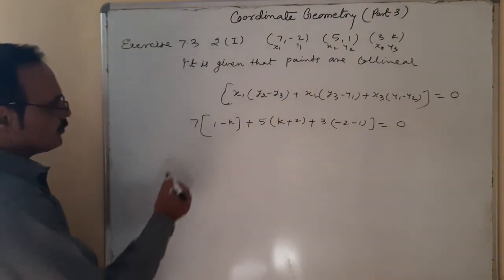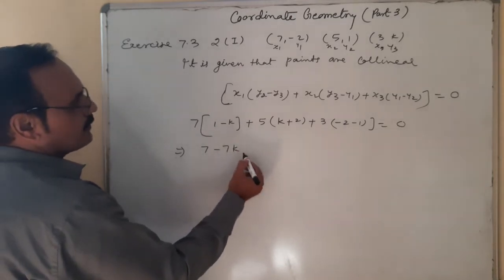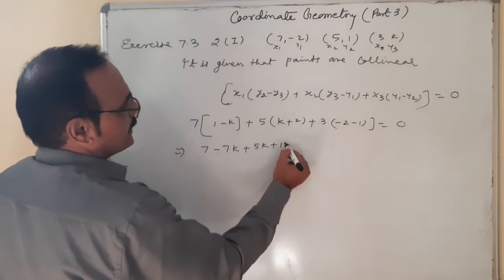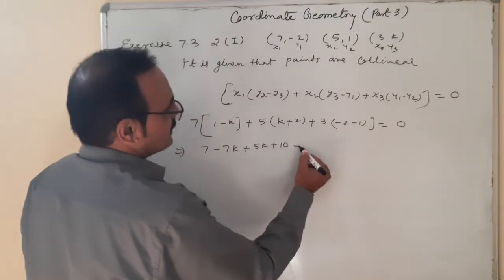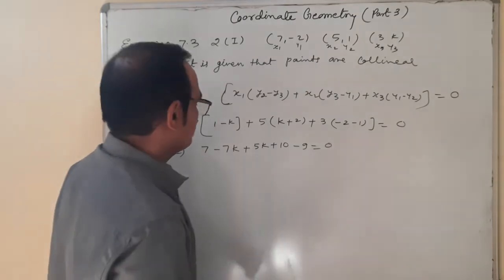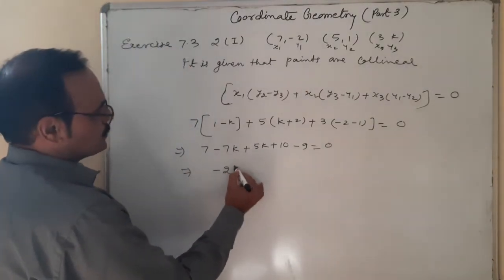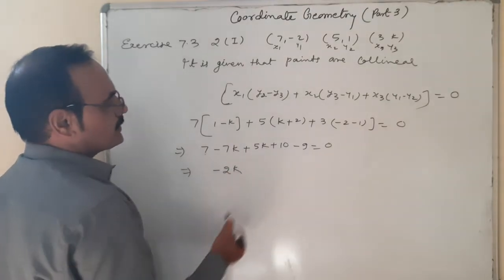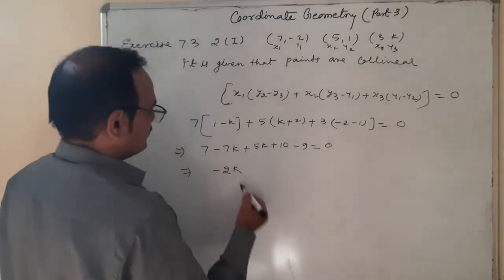We'll have to open the bracket. 7 minus 7k plus 5k plus 5 2s are 10, minus 2 minus 1 is minus 3, multiplied by 3 it is minus 9, is equal to 0. Like terms will be added. Minus 7k plus 5k is minus 2k, 7 plus 10 is 17, and 17 minus 9 it is 8.